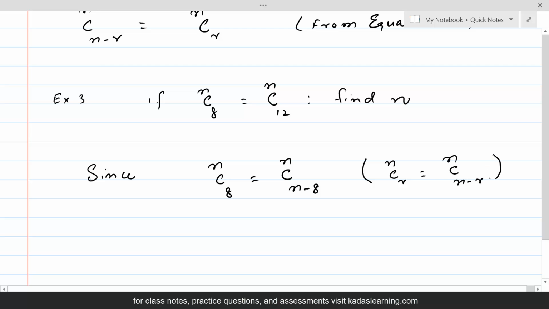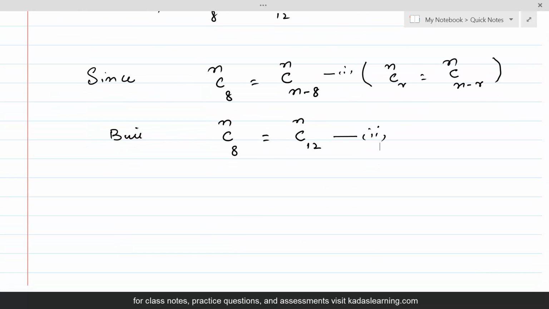if we use this formula, we can write NC8 equal to NC N minus 8, that is equation 1. But it is given that NC8 is equal to NC12. So let's call this number 2.